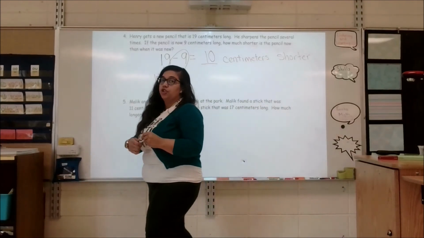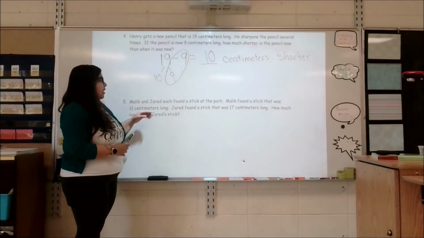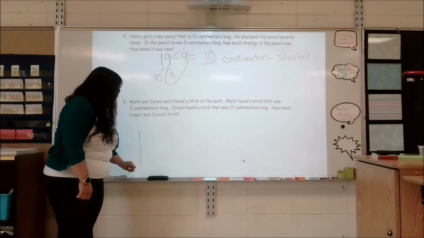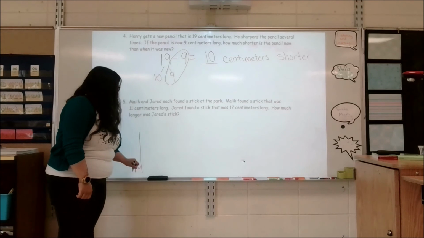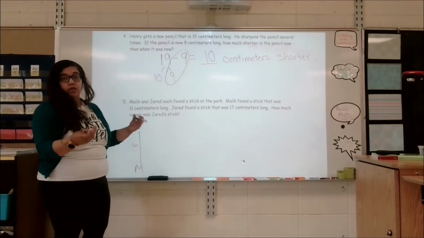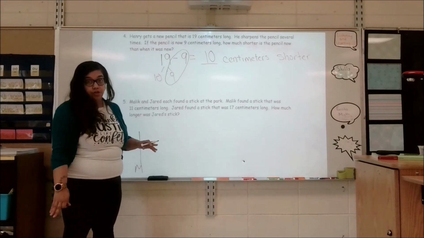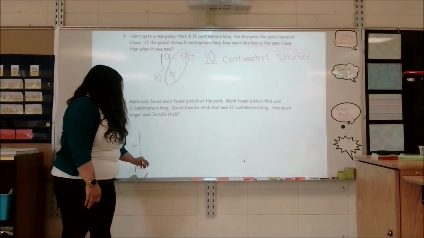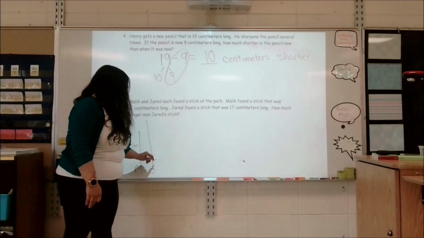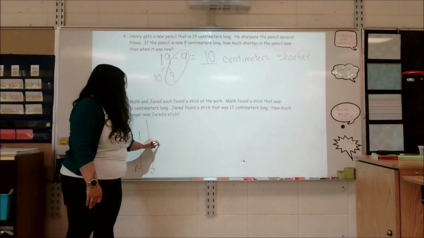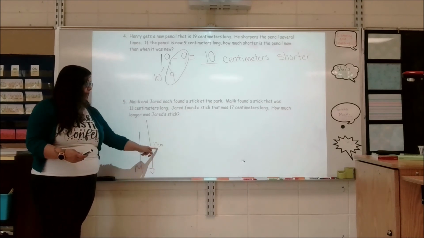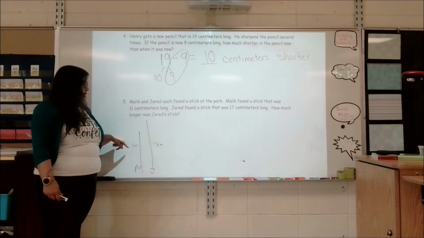Let me show you with a picture here. So we know that they each found a stick, and we know that Malik's stick, this isn't definitely 11, but we're going to make it 11. Malik's stick is 11 centimeters long. Now, if you want to see it, you can get a ruler, but we're making an illustration, just to show what we're doing. And we know that Jared's stick is 17 centimeters long. Whether this is exactly 17 or not doesn't matter. We know that 17 is a bigger number, therefore a longer stick than Malik's.